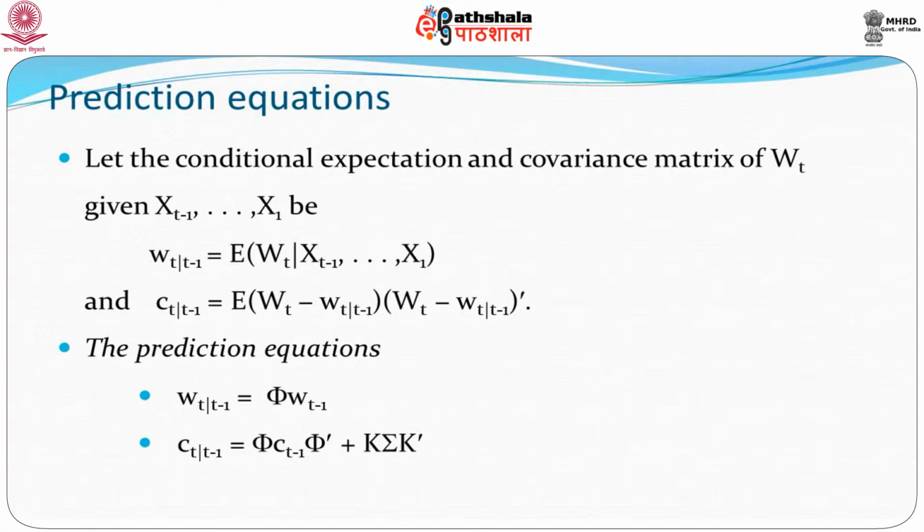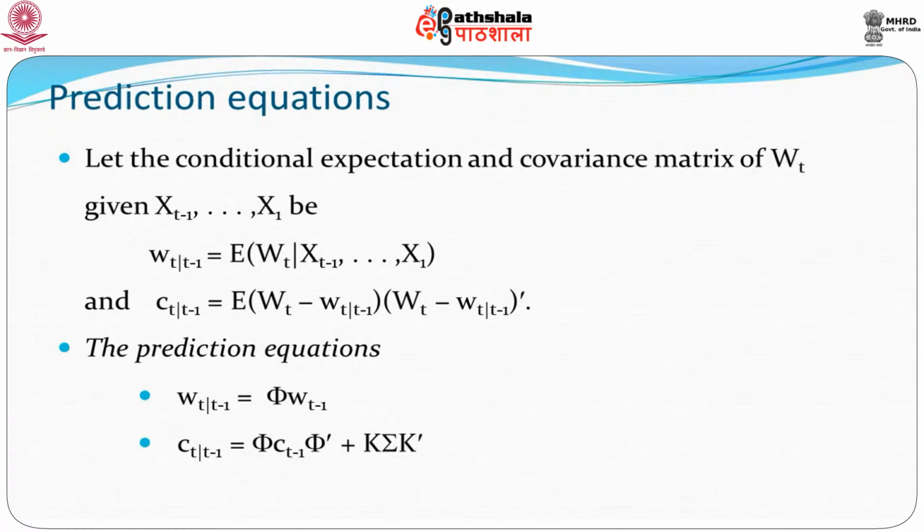Now, let us see how we can get W t given t minus 1. You see, W t given t minus 1 is given by the expectation of W t given x t minus 1 up to x 1, and since given x t minus 1 etc. means W t minus 1 is given, let us look at the observation equation.